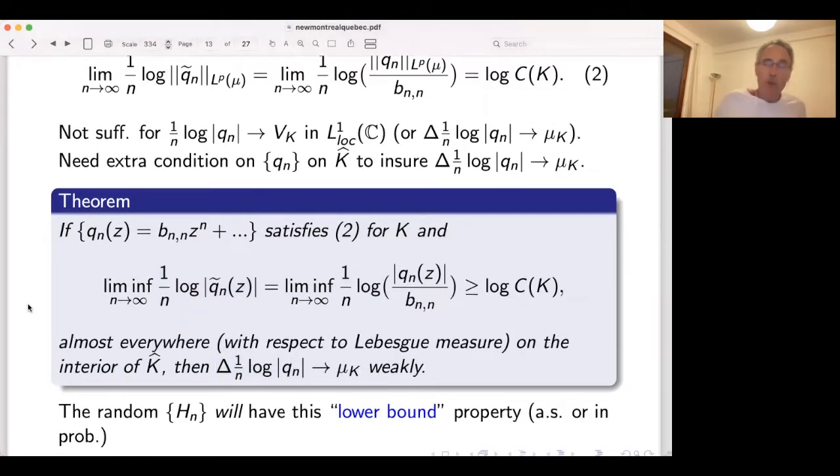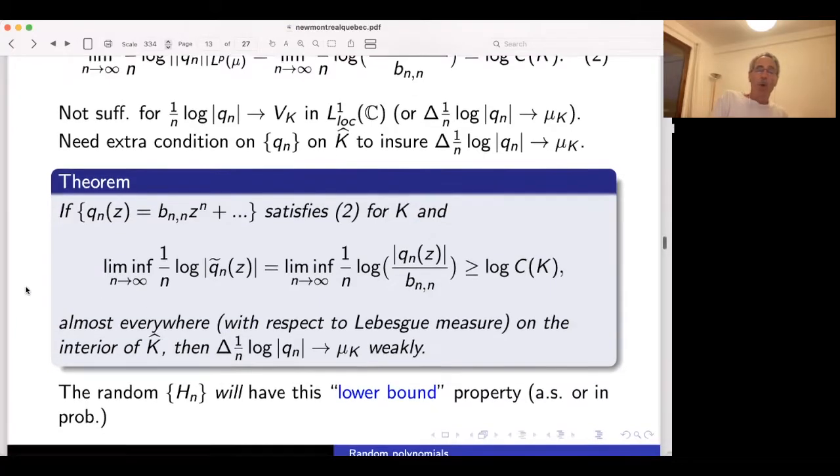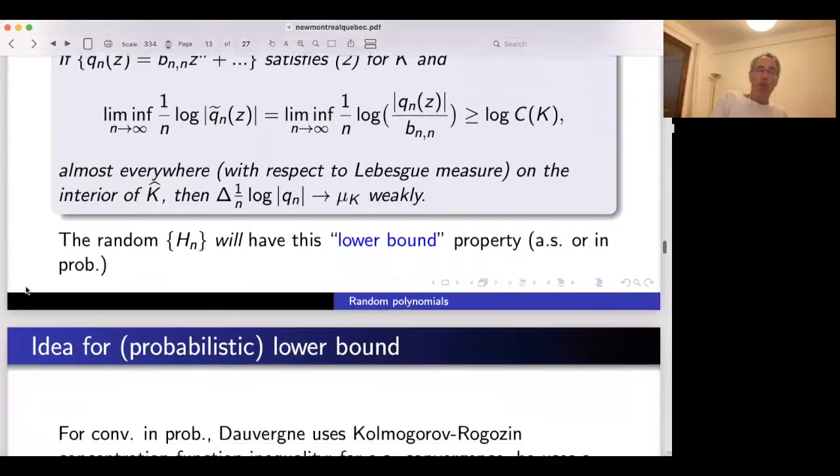And what he shows then, and this is one of the hard parts of his proof, is that the random Hns associated with this asymptotically minimal basis, under the appropriate hypotheses on the IID coefficients, will have this kind of lower bound property. So I'm not going to say how his probabilistic proofs go.